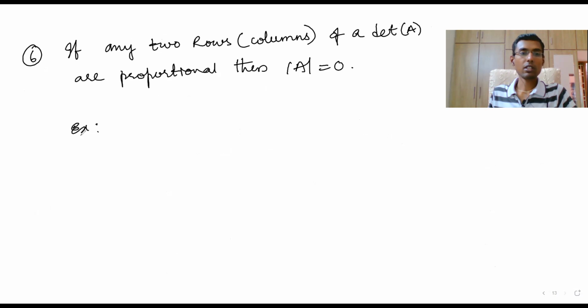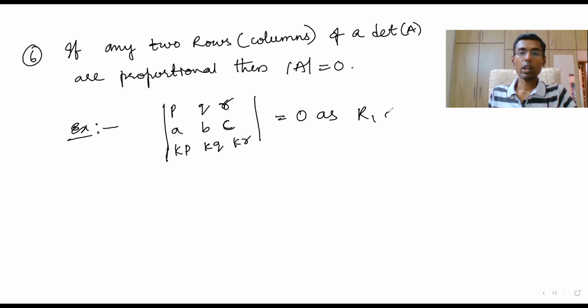That is like this. Here too I'll write p q r, here a, b, c, here kp, kq, kr. This is the meaning of proportion. Now this is 0 as row 1 and row 3 are proportional. Row 1, row 3 are proportional or not? Yes, sir, they're proportional.